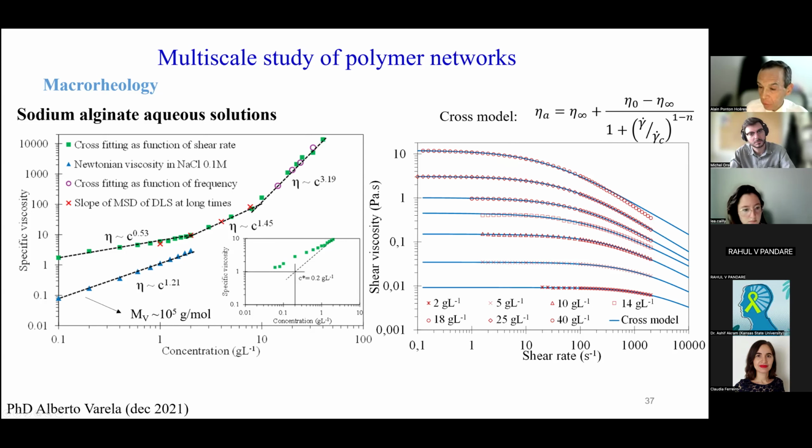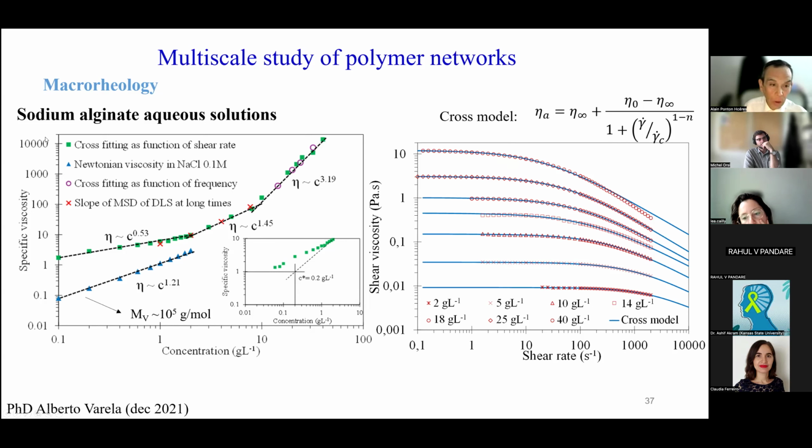The viscosity is constant as a function of shear rate at a constant temperature. And when you increase the concentration, the polymer solutions are non-Newtonian. So it's very classical. You can fit this shear flow measurement with this classical model, in which you deduce the low shear viscosity corresponding to the viscosity of the structured polymer, and the shear thinning behavior can be explained by the disentanglement of polymer chains.